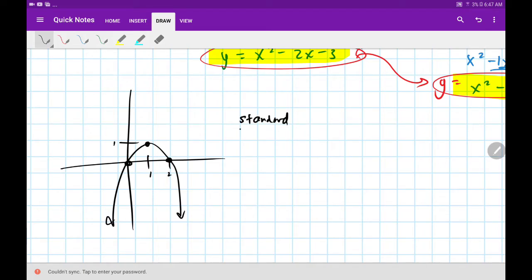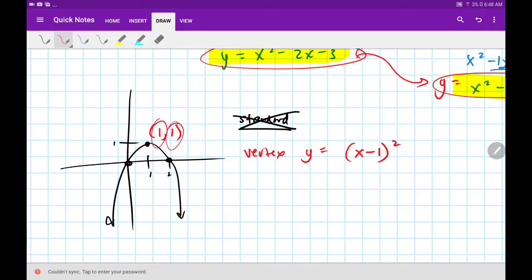So you never ever want to start with standard form. You have to find the other guys first. So let's start with vertex. Okay, our vertex here, you have to actually label it, is 1, 1. So that means vertex form is going to be flip this to get the inside guy and keep that to get your outside guy. Now since it's facing down, I need a negative out in front.